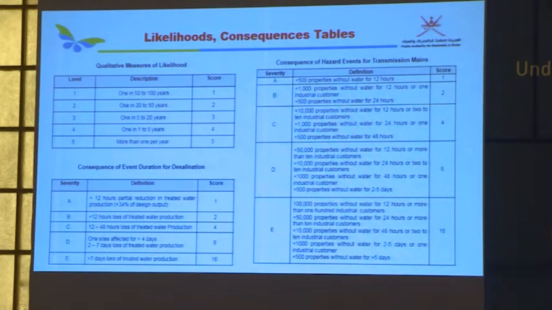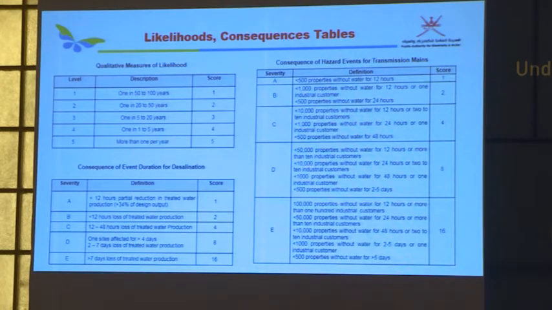Then we did the consequence for each event for the desalination plant. Severity is A, B, C, D, E, and we put the score from 1 to 16. For example, category A is a 12-hour partial reduction of treated water production.